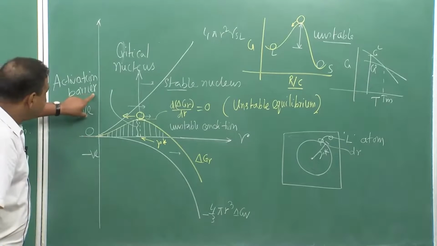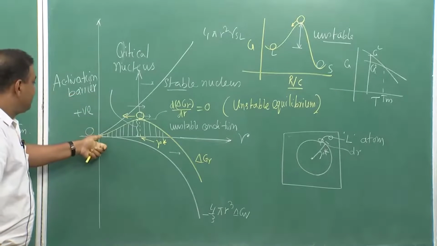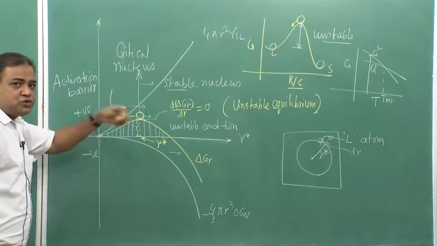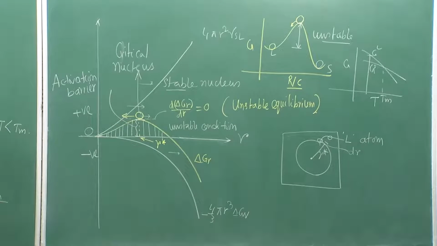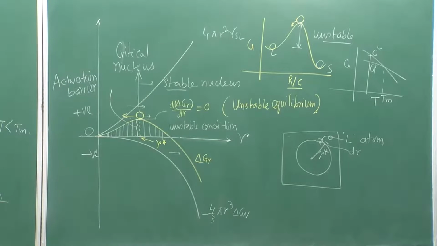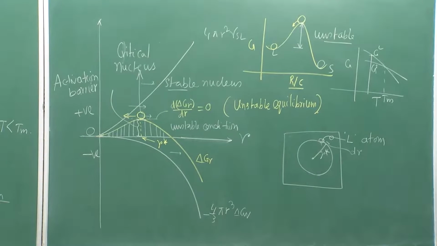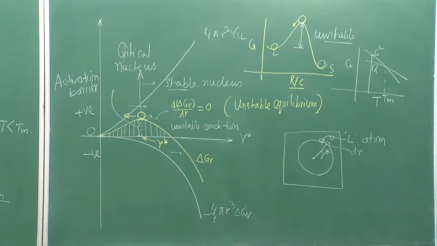So, whenever a liquid atom goes to the solid phase, it has to cross an activation barrier. And interestingly, this activation barrier is evolving due to this term, which is the interfacial energy term, which is a positive energy. Okay? So, this positive energy does not allow that liquid to go to solid immediately.